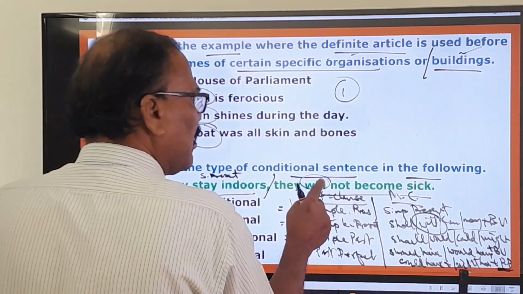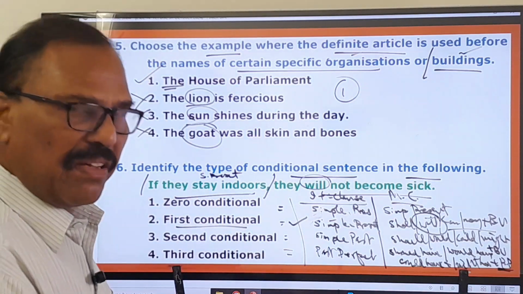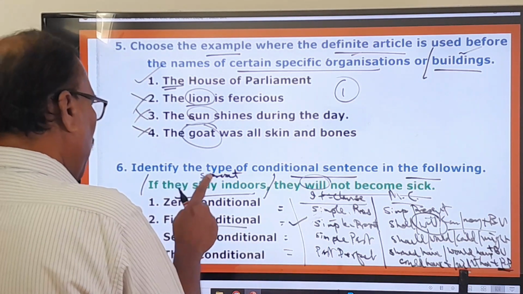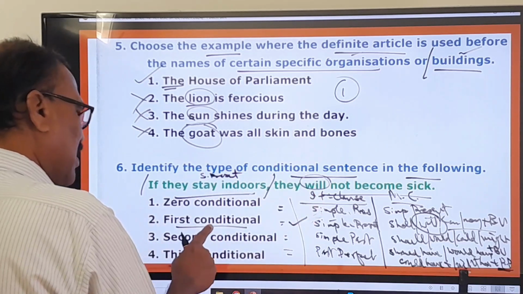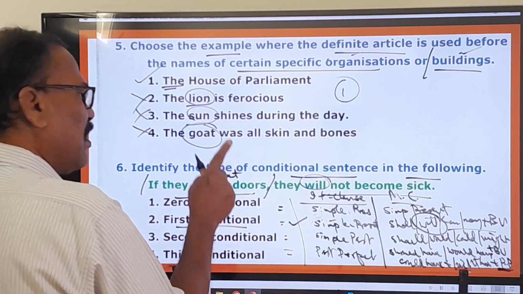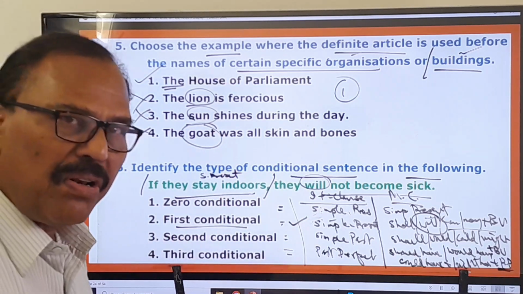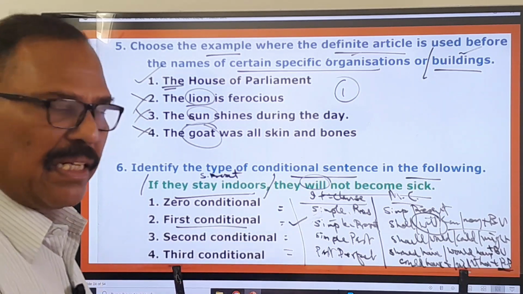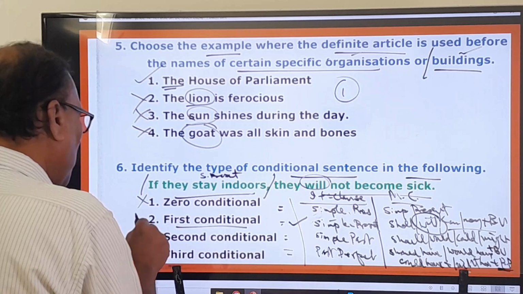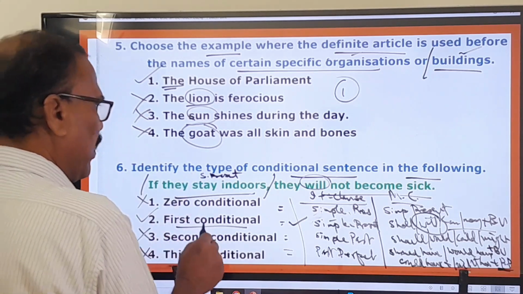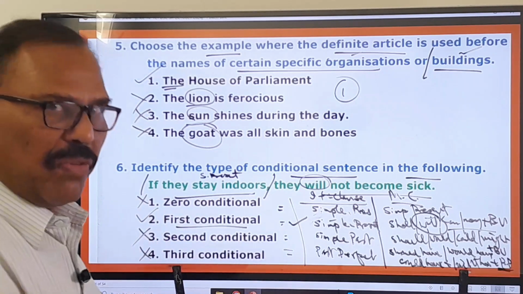In the main clause part, a sentence with will is given. Therefore, this belongs to the first conditional. This type of conditional sentence is called the first conditional sentence, or the simple or open conditional sentence, right? Therefore, the first one is wrong, the third one is wrong, the fourth one is wrong, only the second one is the right one. Okay, now let's move on to other questions.